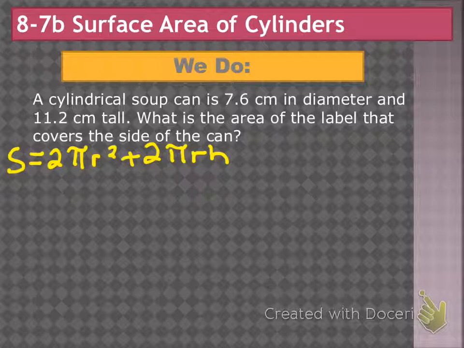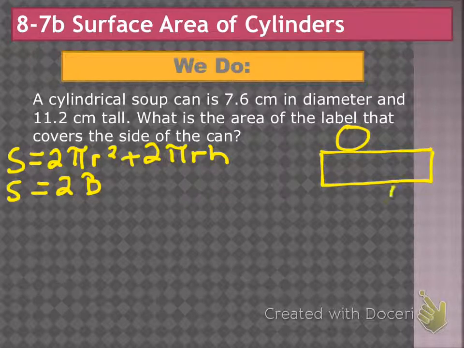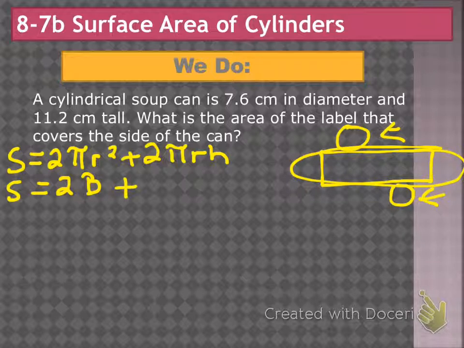But remember, another way I could have written this is S equals 2 times the area of the bases, because when we have that net, our net of a cylinder looks like this. Well, this is a base and this is a base. All we need is the area of this last section, so we don't need this first section.